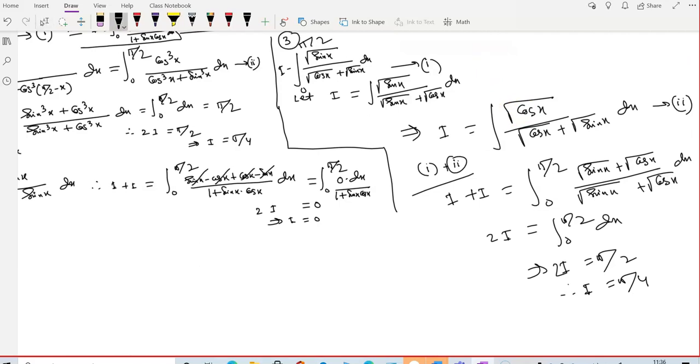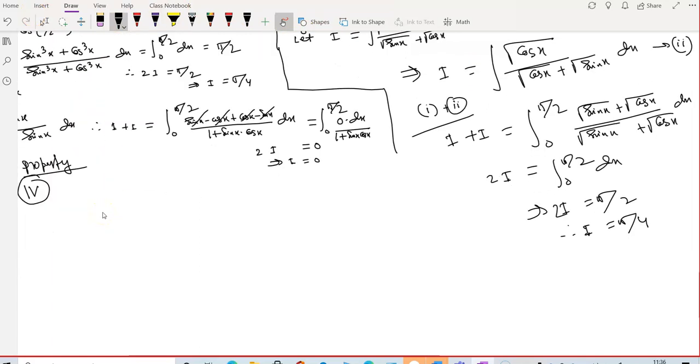Now let us know the fourth property. This is property 4. This also very useful property. Very useful property, I am telling you, because many sums can be solved this manner.